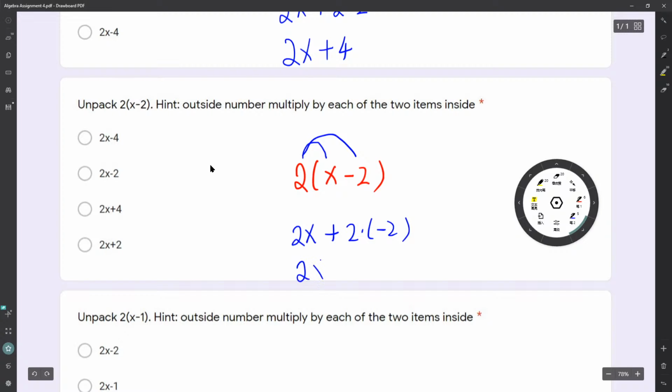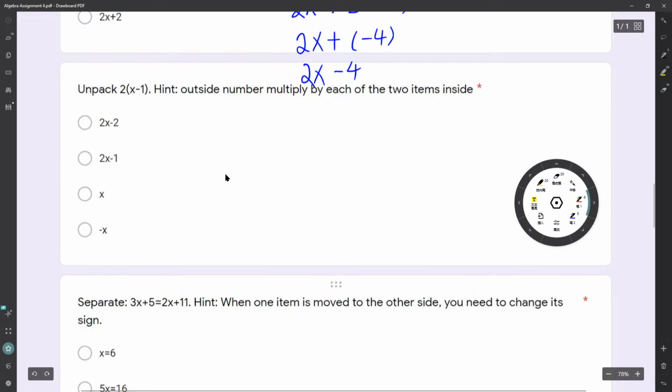So 2x plus negative 4. And we just need to do one more step. If you plus a negative number, that's the same as subtract 4. So we just do one more step to simplify this. This is 2x subtract 4. So our answer is this one.